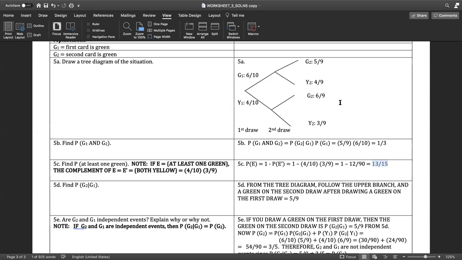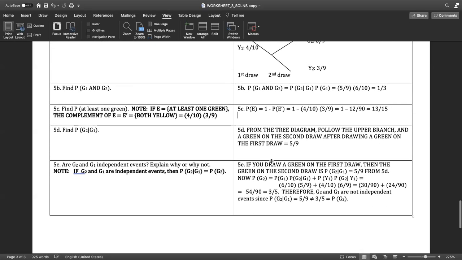You'd add all those up and you'd get your probability of 13 over 15. Or you can do it in this fashion: find the complement of the event, and the complement of at least one green is that both are yellow. Not at least one green means that they're both yellow. And so either way you do it, you'll get 13 over 15.